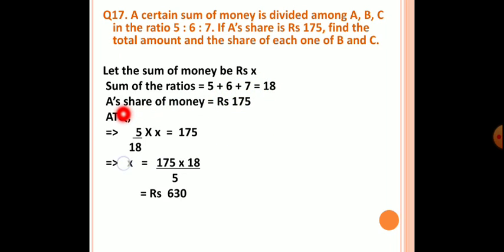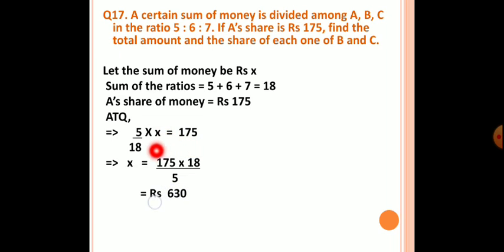It is given in the question that A's share of money is 175. Out of the ratio, A's share is 5, so we can write 5 divided by the sum of the ratio, that is 18, into the total money X, is equal to 175.